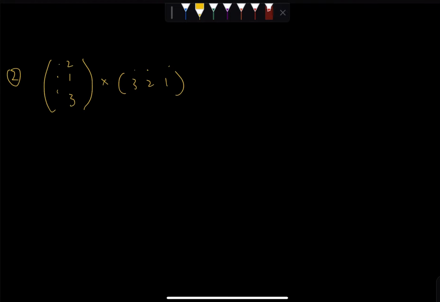When you're multiplying this, you just say first row with the first column. So that's 2 times 3, that's 6. Then second with second, 1 times 2, that's 2. And then the last with the last, 3 times 1, that's 3, right?